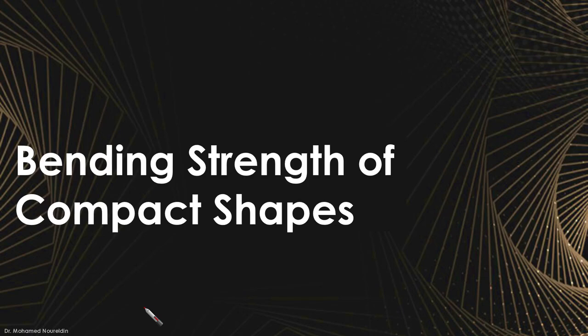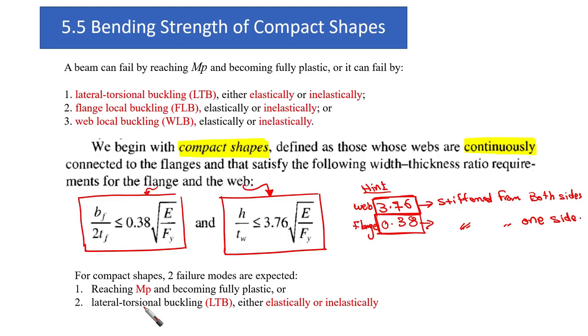Okay, now let's go to the bending strength of compact shapes. Regarding the bending strength of compact shapes, a beam can fail by reaching MP and becoming fully plastic, or it can fail by the following. Please go to the previous video to understand the meaning of MP, because I think maybe you are confused, but I already mentioned in the last video the meaning of MP and the difference between MP and M yield.